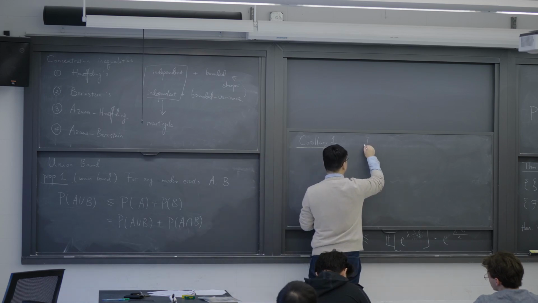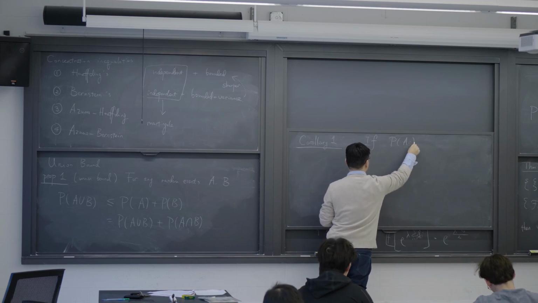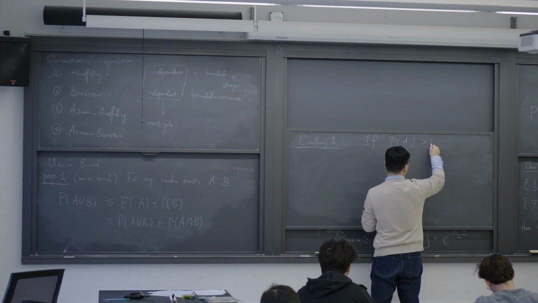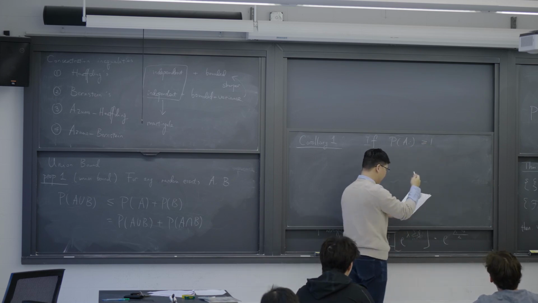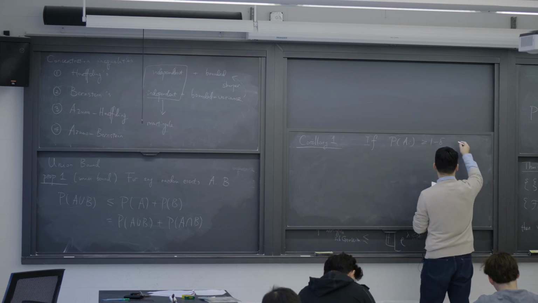And for example, if we have a lot of events, and we know each individual event happens with high probability. That is, the probability of each individual event A_i is greater or equal to 1 minus delta for all i in [n].